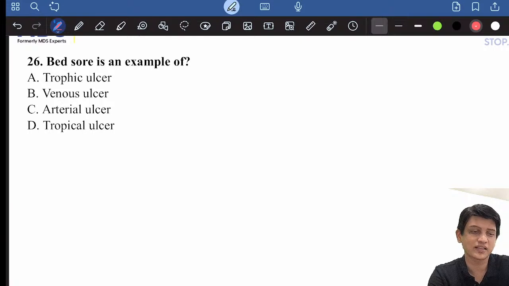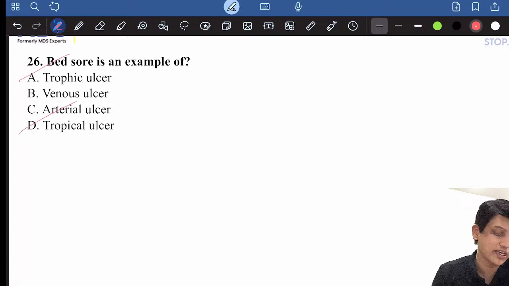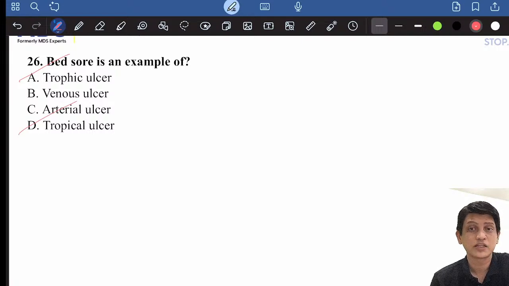I told this for the exam in class also. Don't get confused between A and D. Both types of ulcers are present. Trophic means nerve related or pressure related, whereas tropical means related to the tropical area, tropical region, tropical climate. So the answer here is A.